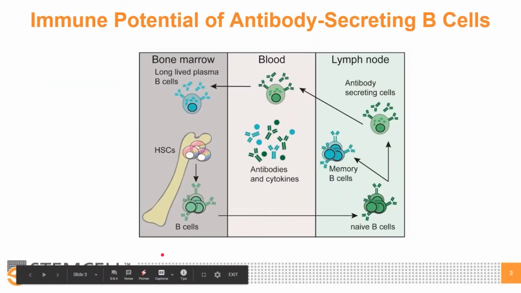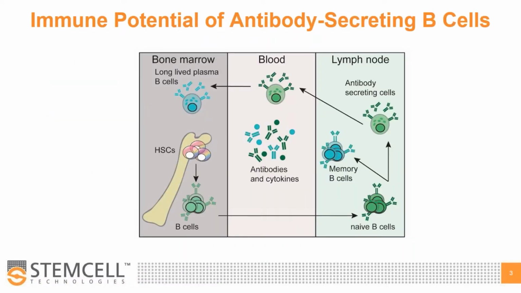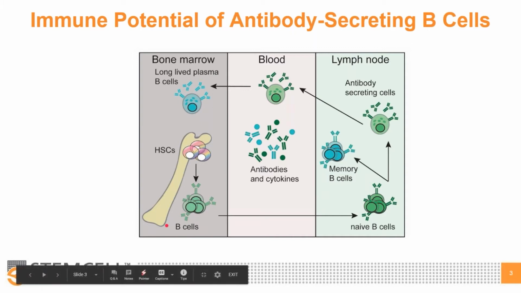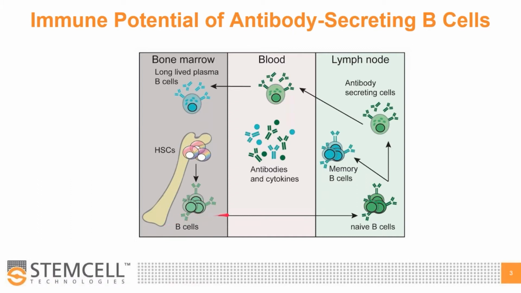So to give you some background, B cells are produced from hematopoietic stem cells in the human bone marrow. These cells then egress the bone marrow and travel through the blood into lymph nodes and other lymphoid organs. Here, naive B cells can follow different pathways and trajectories, one of which is to form memory B cells or antibody-secreting cells.